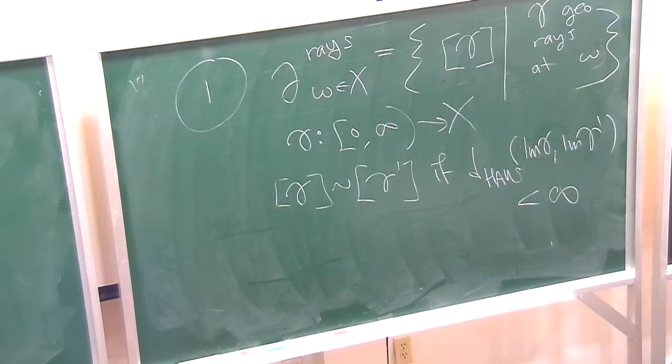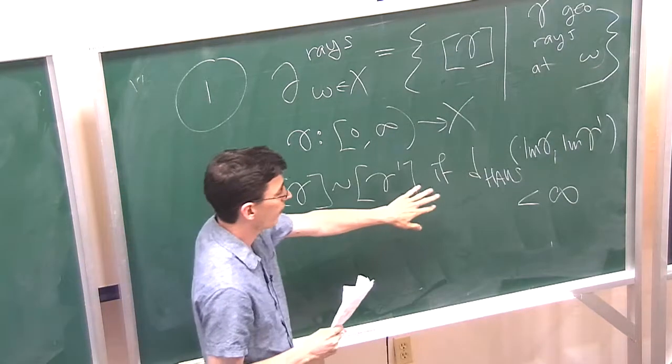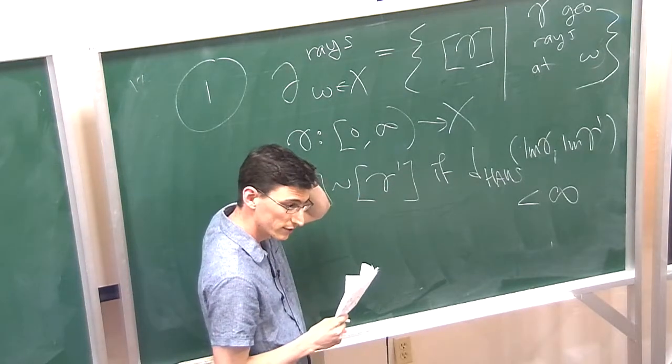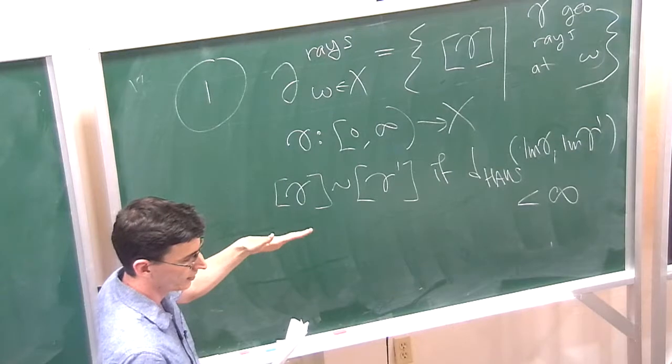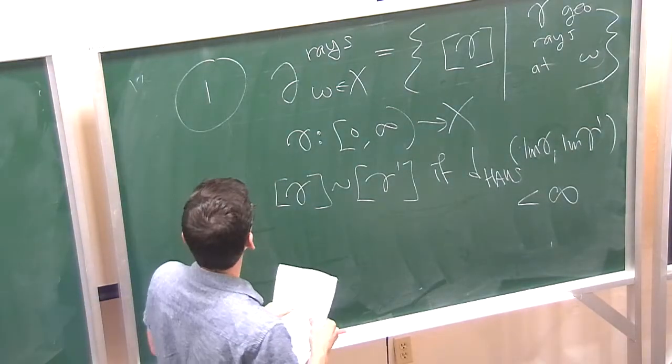So I'm picking a base point, thinking about all geodesic rays from that base point, and modding out by whether they are within finite Hausdorff distance. Are they each contained in the closed neighborhood of each other?